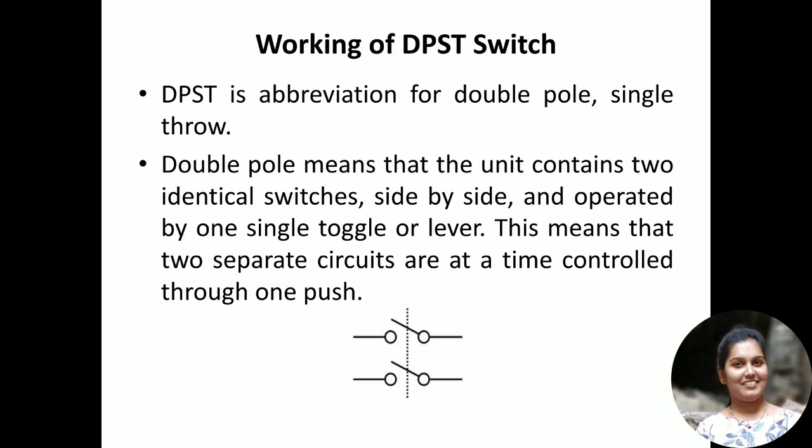This means two separate circuits are controlled at a time through one push. So in this diagram we can see the same thing I have said right now. A double pole single throw connection switch will look like this.